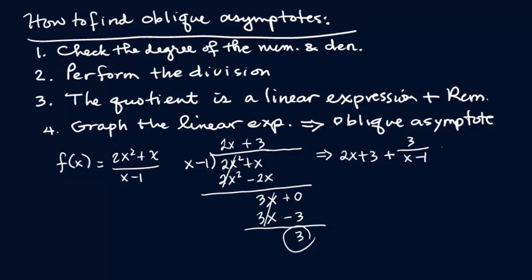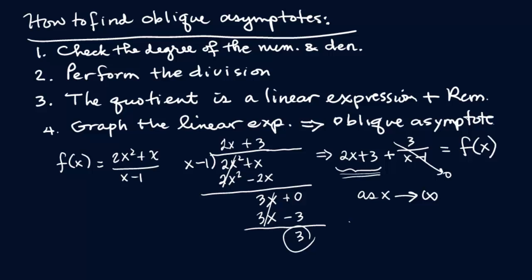So this is equivalent to the function f of x. So as x goes to infinity, this term goes to 0, and so what is left over as x goes to infinity means that the function will approach this oblique line.